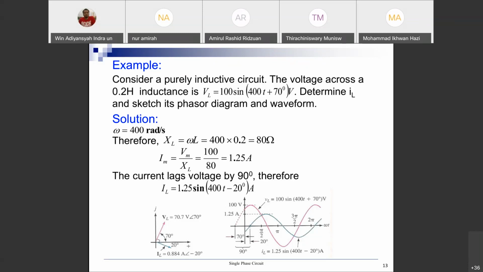Determine IL and sketch its phasor diagram and waveform. VL is given, L is given, so you have to find IL and sketch the phasors and waveform.